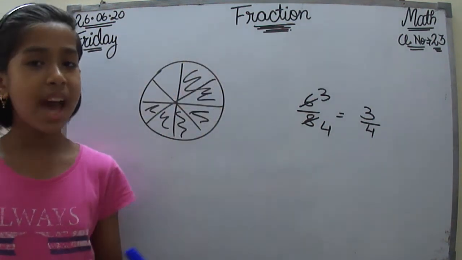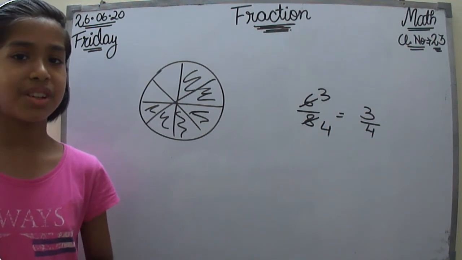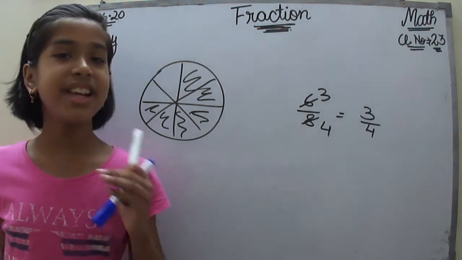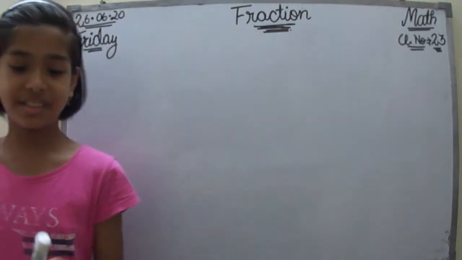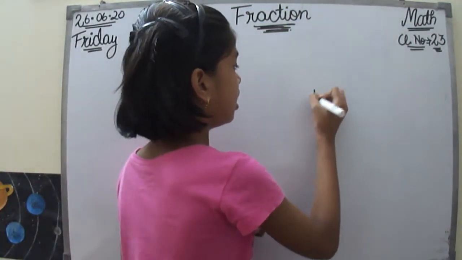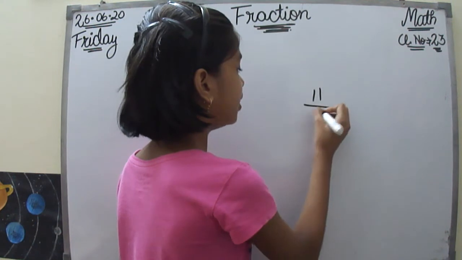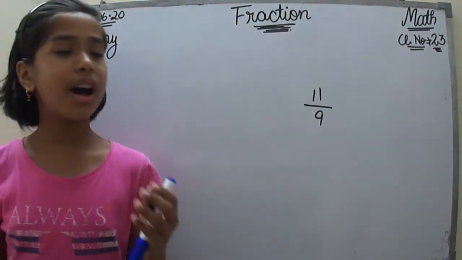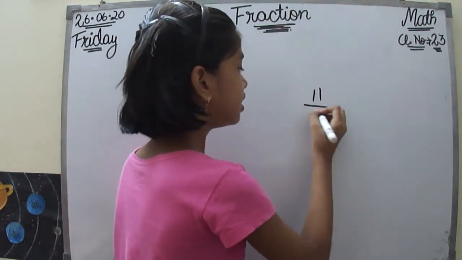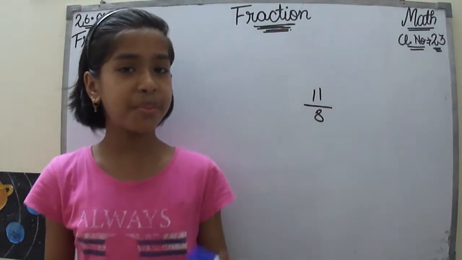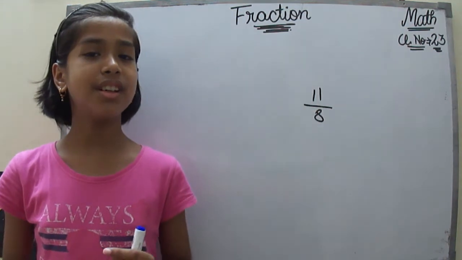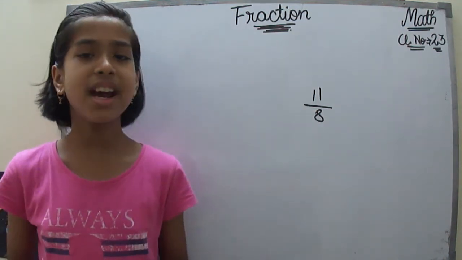But what if we have an improper fraction? Let's take a very simple one, 11 upon 8. How are you going to represent this fraction? A tricky fraction. Why is that?